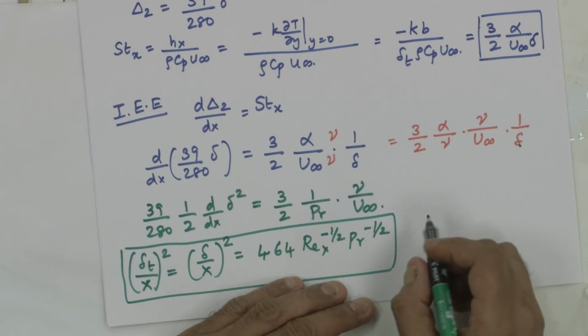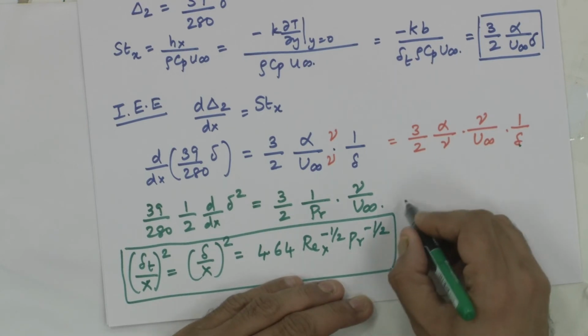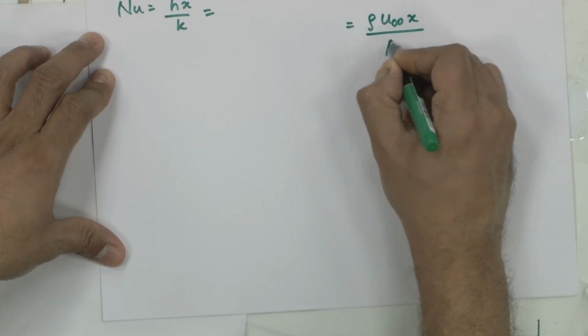And if I substitute for this in terms of the Stanton number, last couple of steps here. So, Nusselt number is equal to Hx by k, which is nothing but Nu is equal to Rex Pr into Stanton number. Rex Pr is nothing but rho u infinity x by mu.